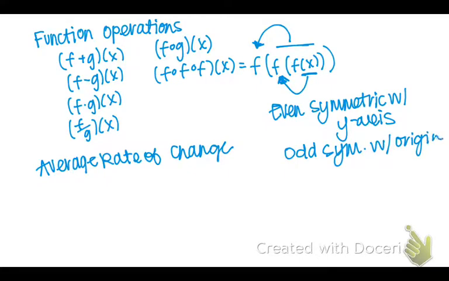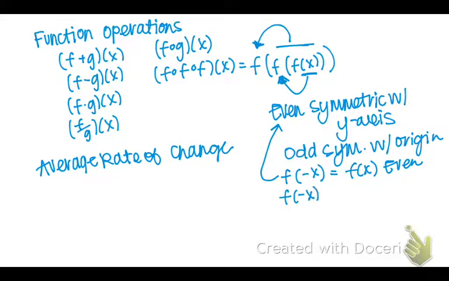And to check this, this is where you plug in negative x. So if we plug in negative x and you get the same exact thing out, that's going to be an even function. If you plug in negative x and you get the exact opposite of your function, that is where it's odd. Okay, so be able to do that.